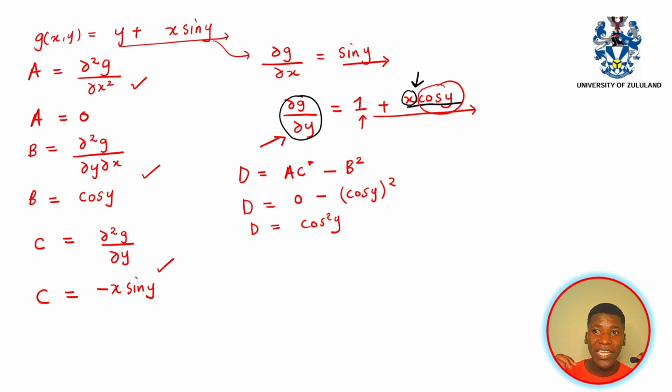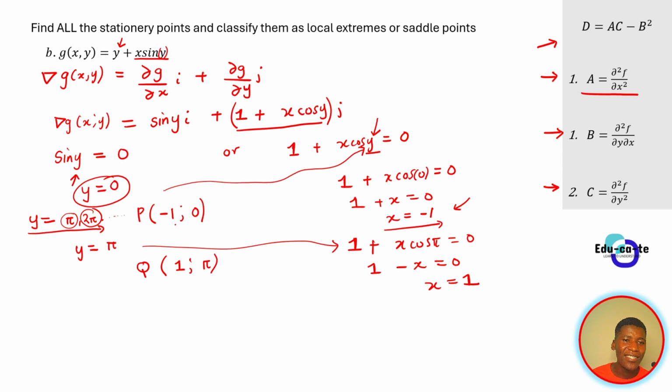So you have found everything that is required. You have found first the stationary points, and now we have found the values of A, B, and C, and D as well, which is the discriminant. Now we want to do the partials test, to classify these stationary points. Are they local minimum, local maximum, or saddle points?